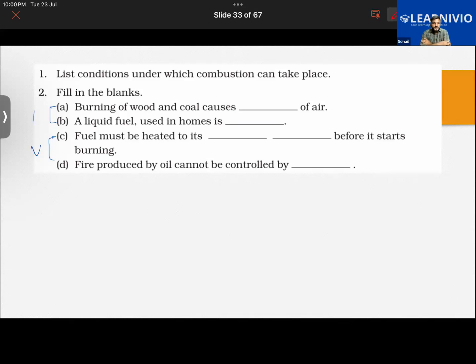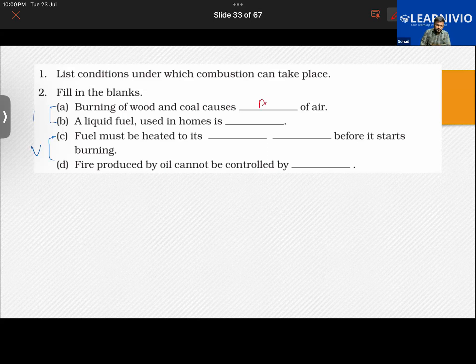Meanwhile, Ibrahim and Vaiga, if you wish, you can also continue to answer. Sir, for the first one, it's pollution of air, and the second one is LPG.